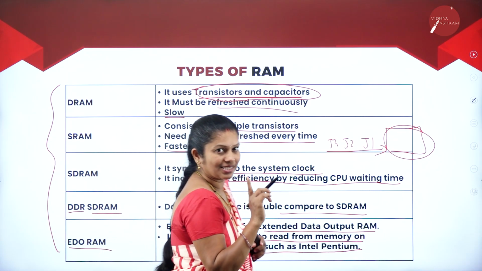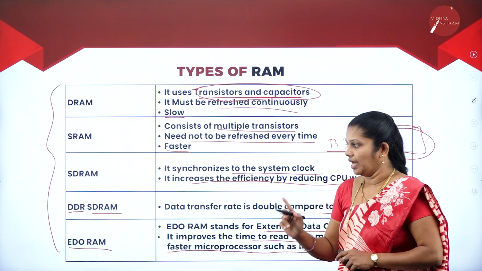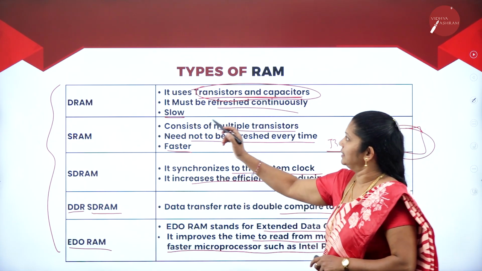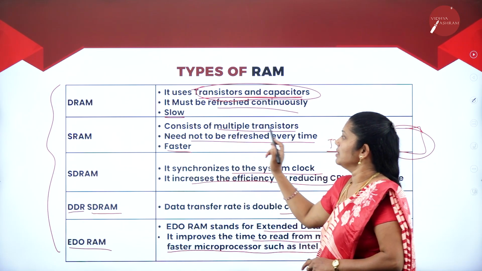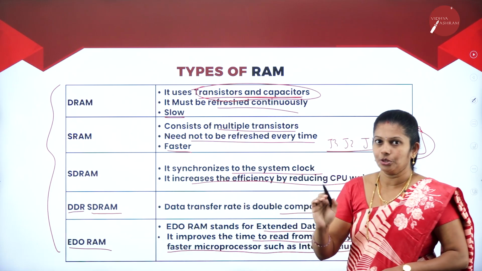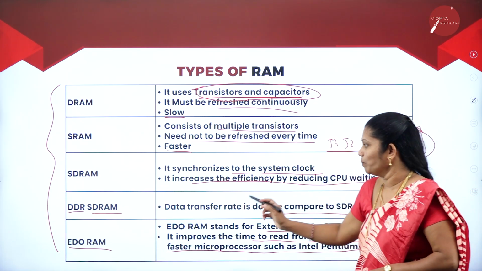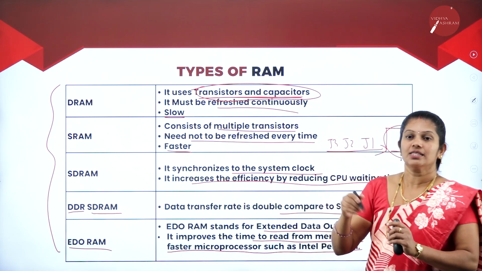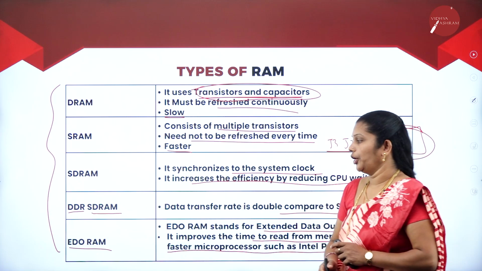First one, SRAM, DRAM, SDRAM, DDR-SDRAM, EDORAM, whereas DRAM consists of transistor and capacitor, SRAM consists only of transistor, SDRAM is used to increase the processing speed by reducing the waiting time, whereas double data rate is faster compared to SDRAM, and the last one is EDORAM.